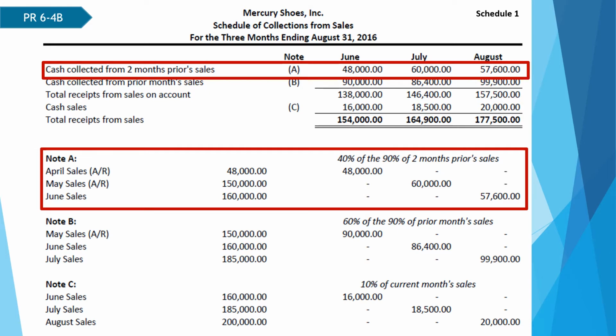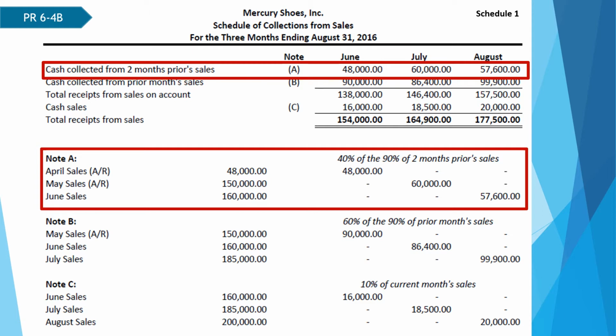In the first row, as computed in Note A, for the month of June, its 2 months prior is April. This means that the $48,000 portion of accounts receivable from April sales will be collected in June. It would be understood that this $48,000 is actually 40% of the 90% April sales made on account.